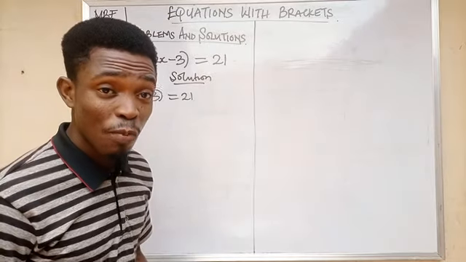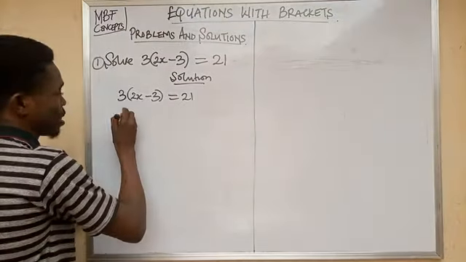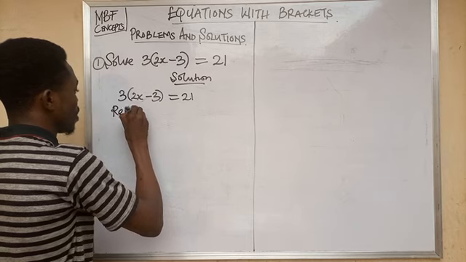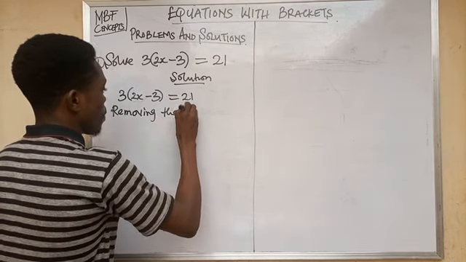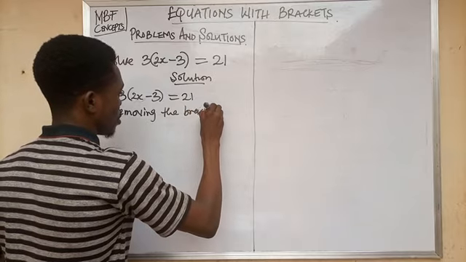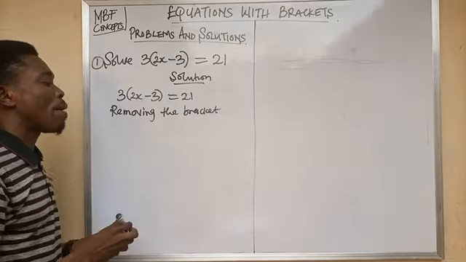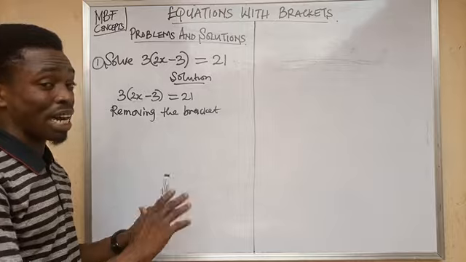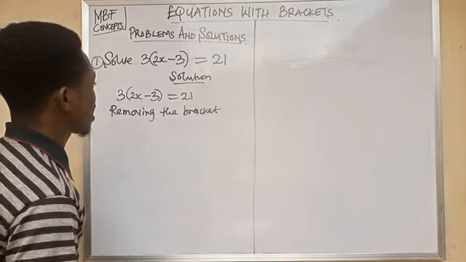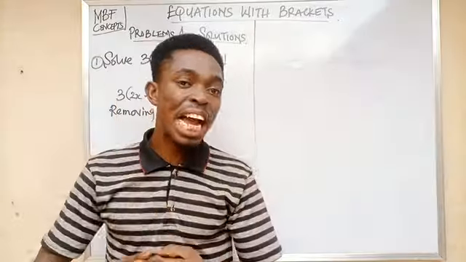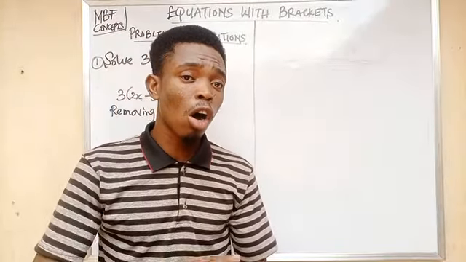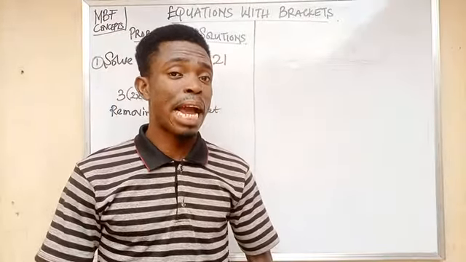The first thing we do is to remove the bracket. So you can simply say removing the brackets. Now, in this case, we have 1 bracket. Removing the brackets. All right. Now, how do we remove the bracket? You remove the bracket by using the factor you have outside the bracket to multiply all the terms inside the bracket.